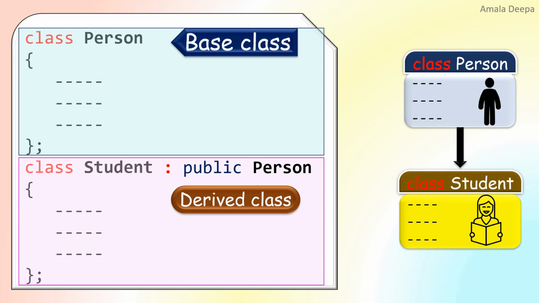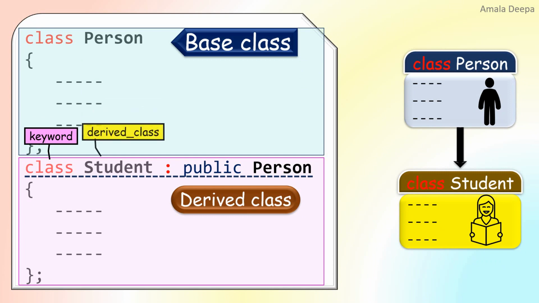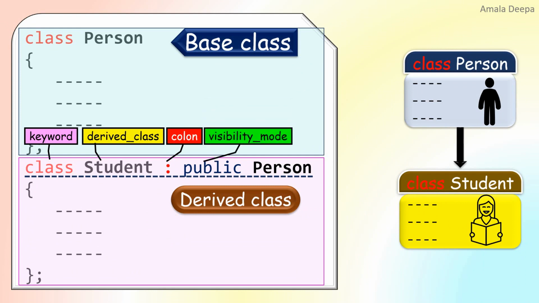To define a derived class, first you have to write the keyword class followed by the derived class name and then a single colon. After the colon, visibility mode. Here I have given visibility mode as public. After the visibility mode, you have to write the name of the base class.